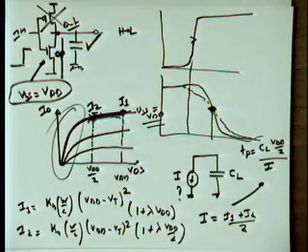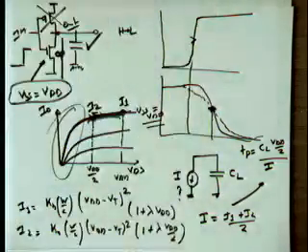Yes, question? When can we assume that we ignore velocity saturation? I will tell you that. In the question, I will tell you. Typically, obviously, in real life, it's your job to figure that out. If you do a real design with a certain technology, if I use a 65 nanometer transistor, and I have a voltage that runs around a volt, I know I'm going to be velocity saturated.